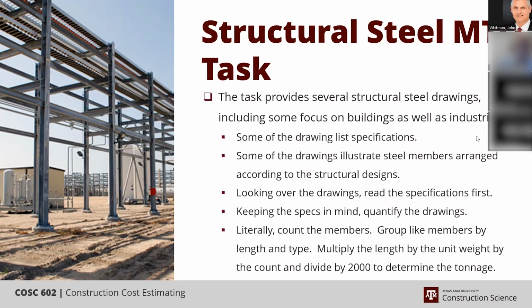So you'll have one sheet that has common details that will outline what your typical base plate looks like, what your typical connection looks like, what your typical bracing may look like. It may identify some standard beam sizes or column sizes. And if you have any special connections, it will also define or illustrate those, such as a moment connection.